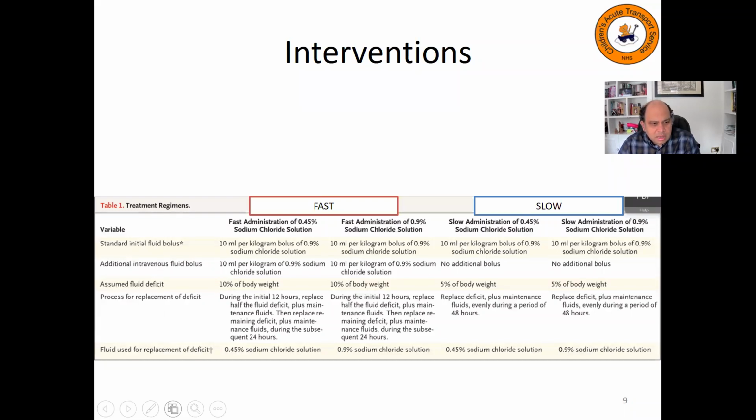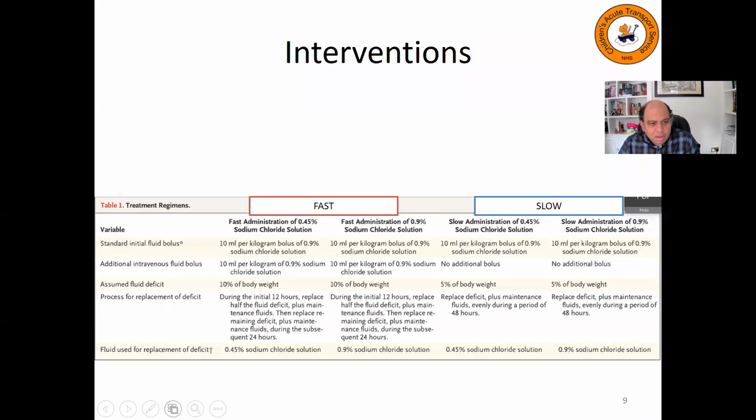The next additional IV fluid bolus is 10 per kilo of 0.9% sodium chloride in the fast group, but not the slow group. The slow group get no additional boluses. The assumed fluid deficit is 10% for the fast, 5% for the slow, and the process of replacing the deficit is different.